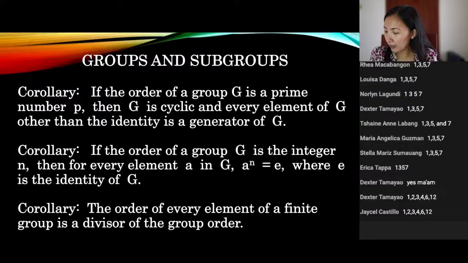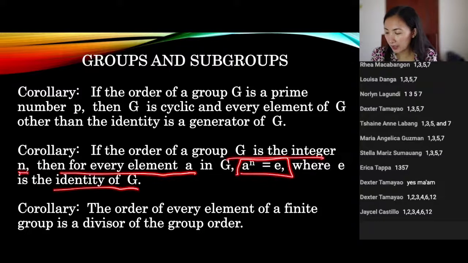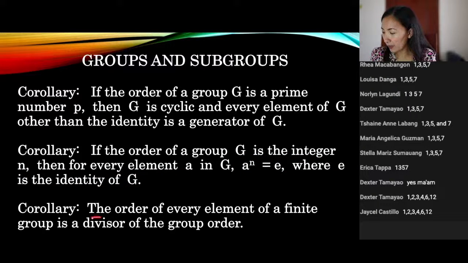It says, if the order of a group G is the integer n, then for every element A in G, A raised to n is equal to E, the identity element of G. Next, the order of every element of a finite group is a divisor of the group order.